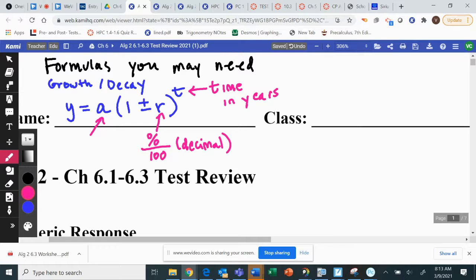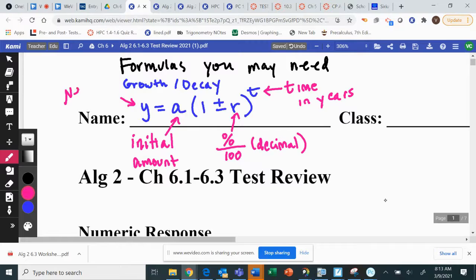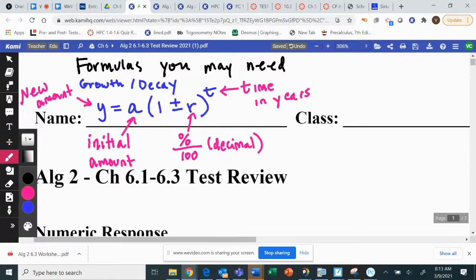The starting amount, yes, the initial amount. And then y would be the new amount. So that's one formula you might need.